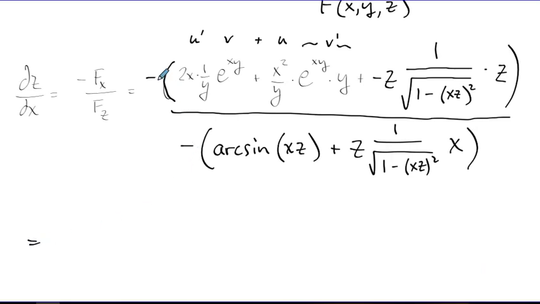Now that's a negative and a negative. Both of them are going to cancel. Let's say we can cancel this y with this y. And now we've got two factors of z.